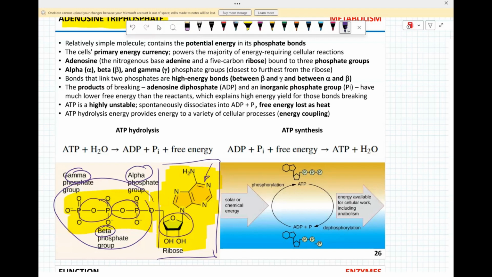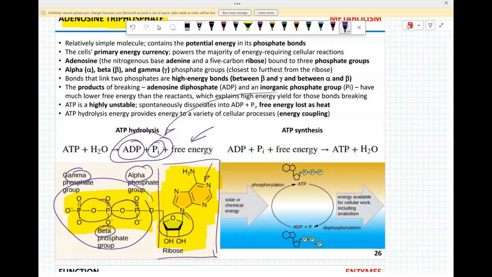These 2 bonds have the greatest energy, okay? And when these bonds are broken, they release an enormous amount of energy. So typical products of breaking ATP are ADP, adenosine diphosphate, and inorganic phosphate. These 2 products of the reaction have much lower free Gibbs energy, which means this reaction is exergonic.